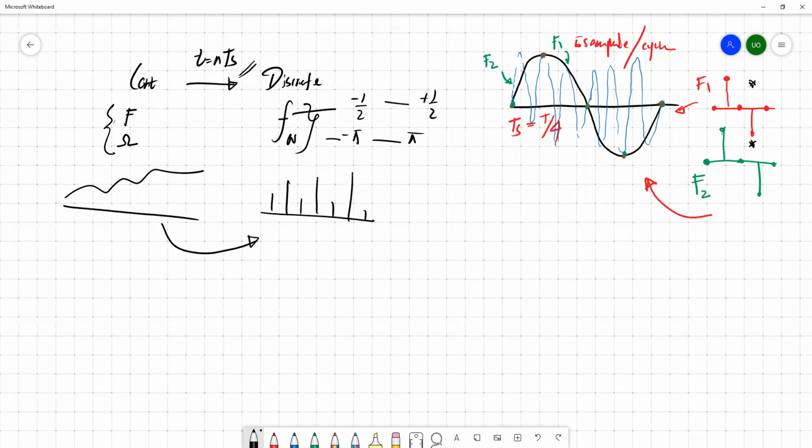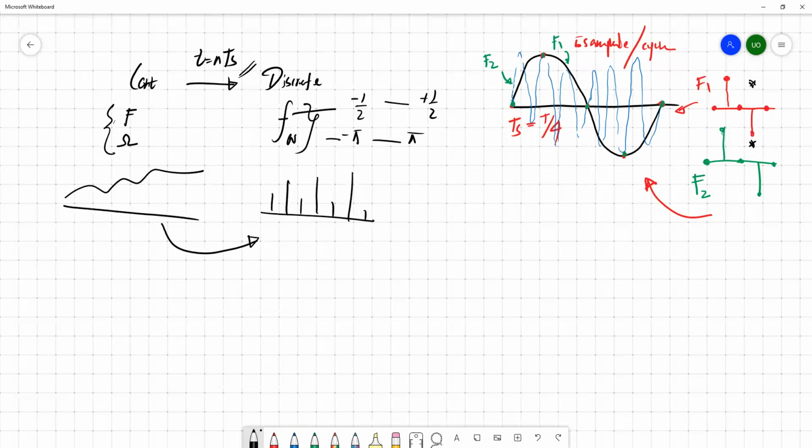So that's the case. It means there may be a certain set of frequency components in the analog or continuous domain signal which are mapped to the same discrete signal, or which generate the same discrete signal.